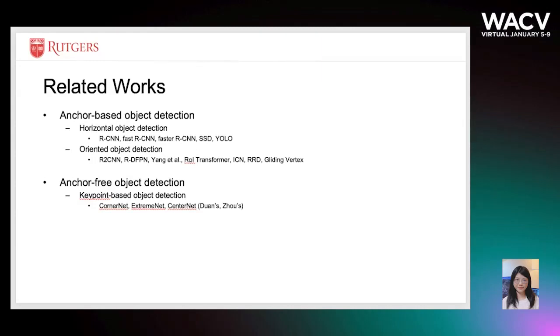The keypoint-based object detectors show advantages over the anchor-based ones in terms of speed and accuracy. Yet, keypoint-based detectors are barely applied to oriented object detection tasks. In this work, we extend CenterNet to oriented object detection.